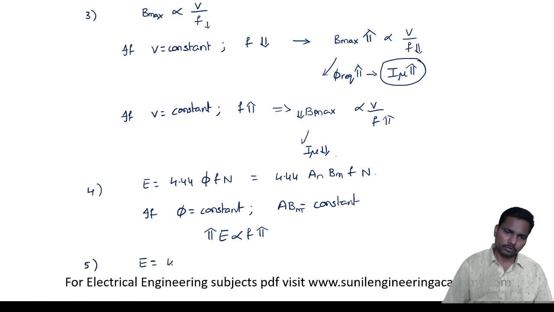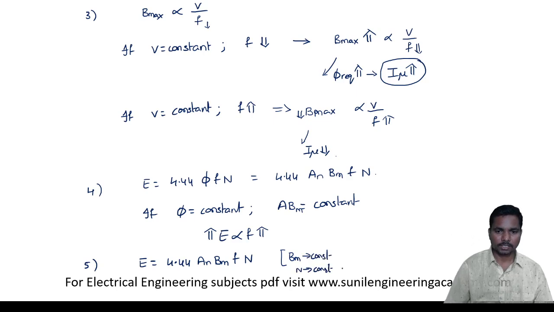Another case, E is equal to 4.44 A N B max F N. If you make B max constant, N is a constant. 4.44 is always constant, right? So EMF is proportional to A N F, since B max is also taken constant.